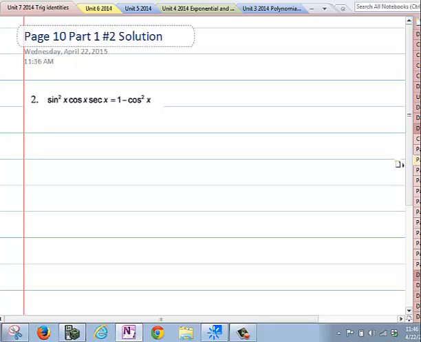Let's take a look at the next problem. It says sine squared of x times cosine of x times secant of x equals 1 minus cosine squared of x. So when looking at this, I'm going to work on the left side, and I have sine squared of x, and I'm going to just do a simple substitution. For secant of x, I'm going to write that as 1 over cosine of x. And my reason for that is a reciprocal identity.